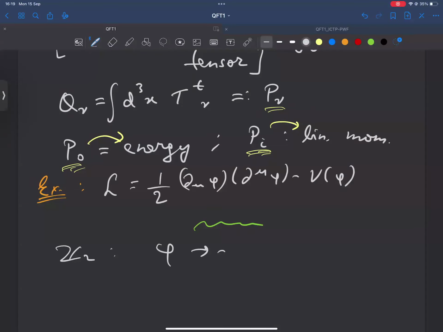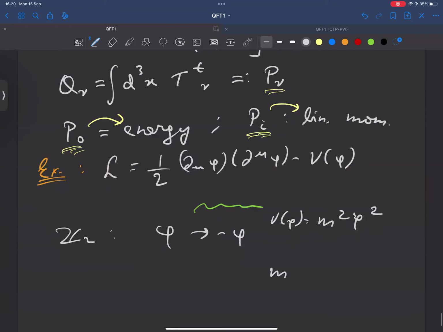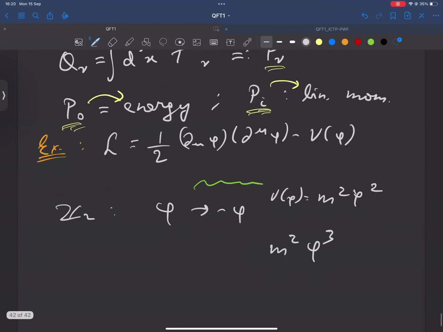We said phi going to minus phi was the symmetry of the Lagrangian of this model, where V of phi was this. However, if you choose to add a perturbation term like this, then this breaks the symmetry. So it depends on your choice.